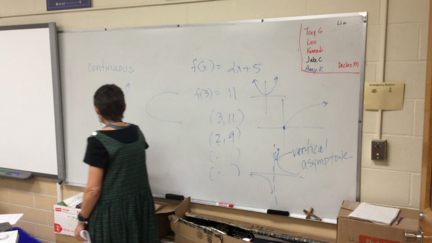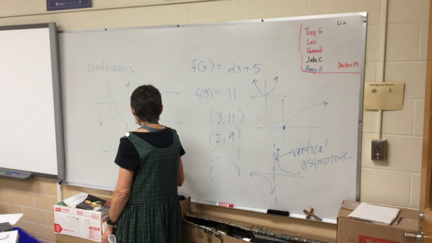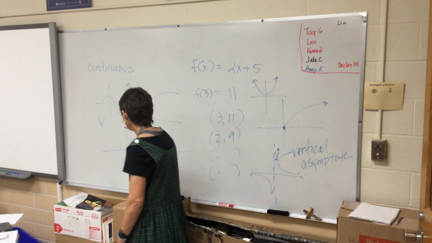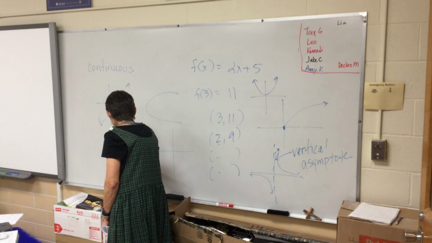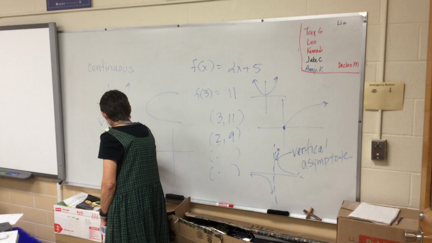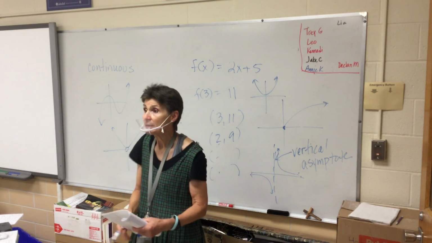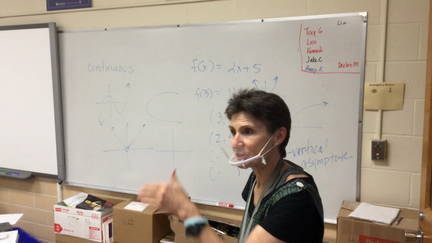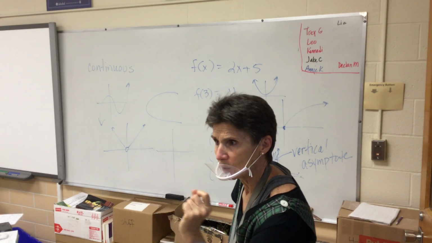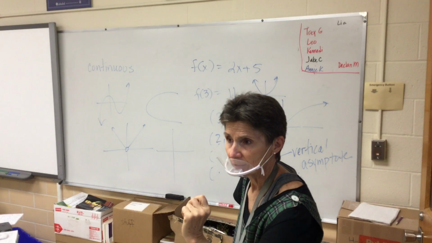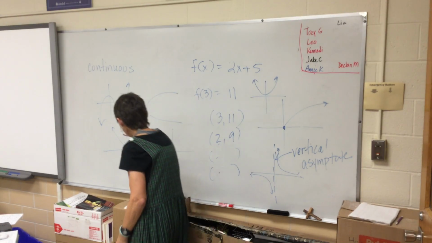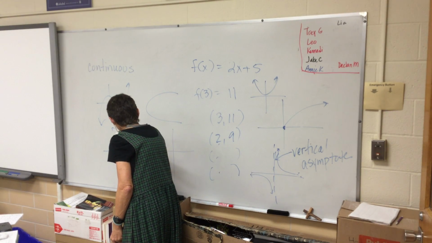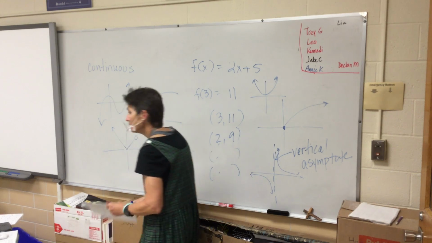A removable discontinuity can look a couple of different ways. It can look like this, for example. So it can be a nice, almost continuous curve with just one little hole in it somewhere. And the hole wouldn't have to be there. The hole could be up here, anywhere.